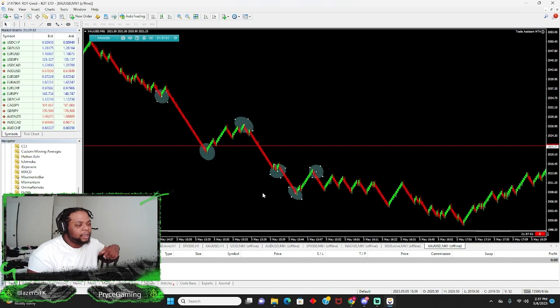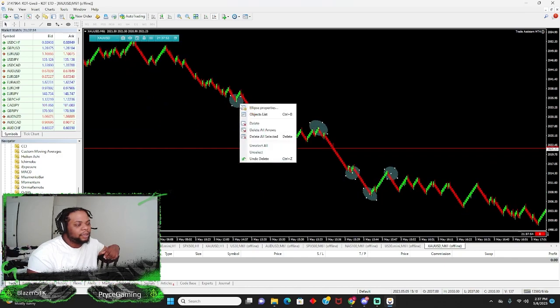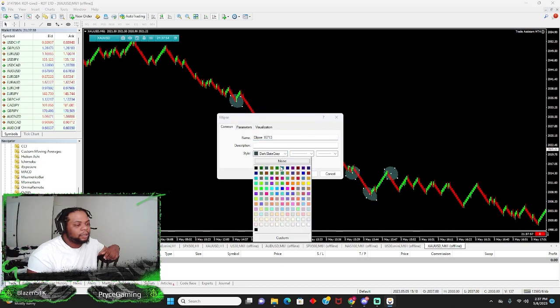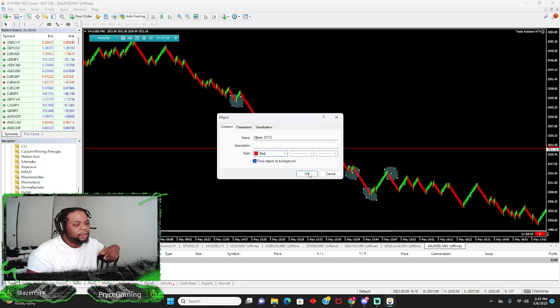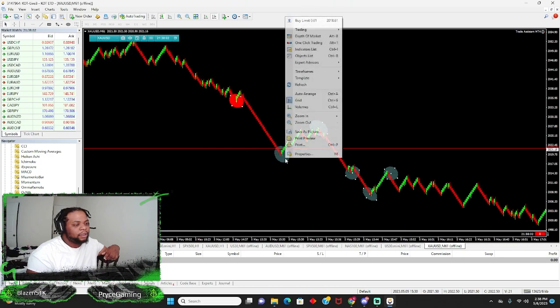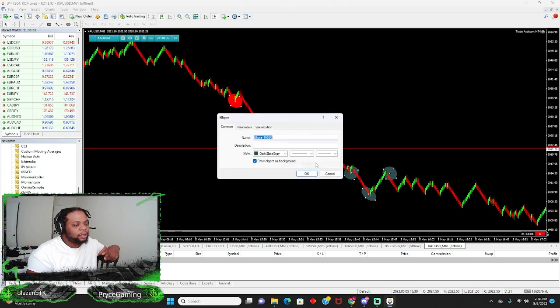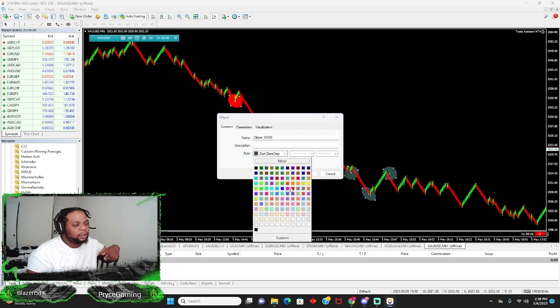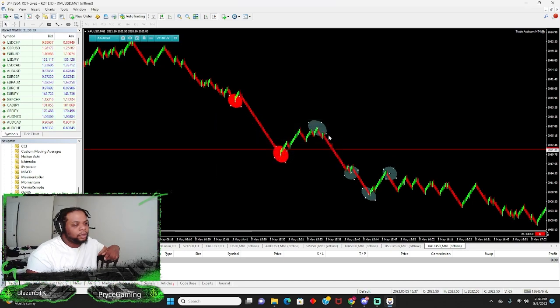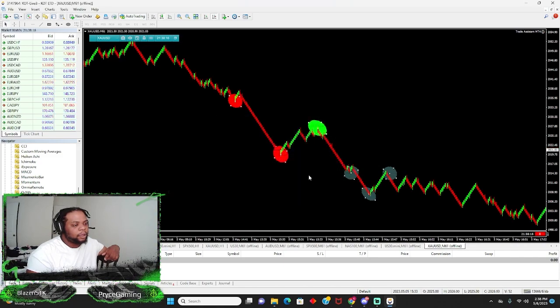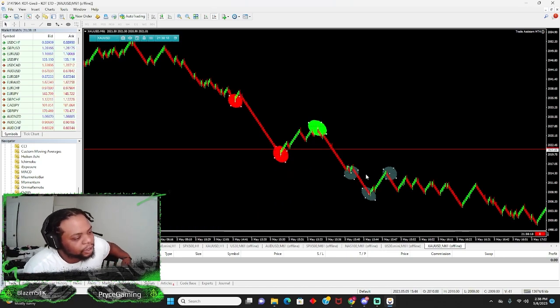In a downtrend, can I change the colors? Let's go swing low, red. Let's go swing highs, green.